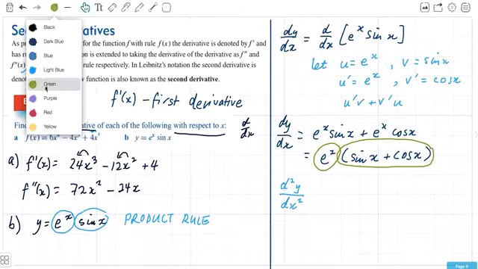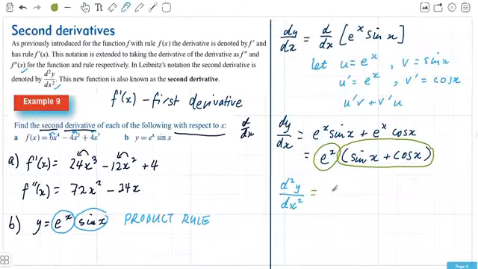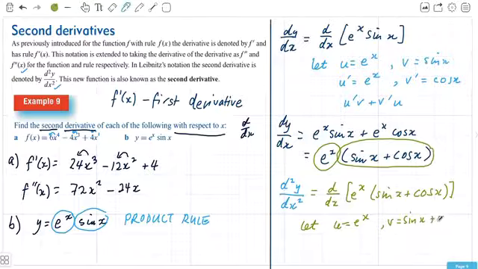So that equals the derivative d dx of e to the x times sine x plus cos x. Again, you can do a similar thing. Let u equal e to the x, v equals sine x plus cos x. u dash is e to the x, v dash is cos x minus sine x, because this time the derivative of cos is negative sine, so you introduce a negative there.